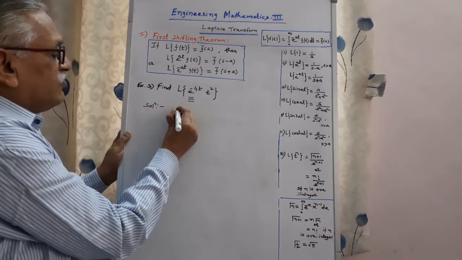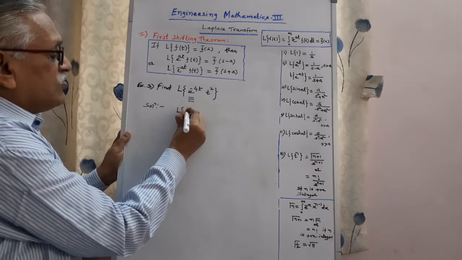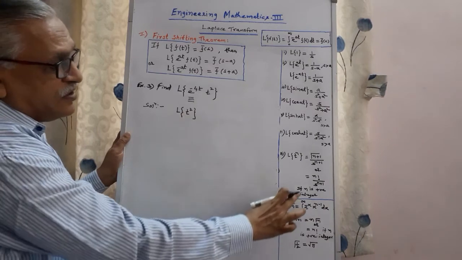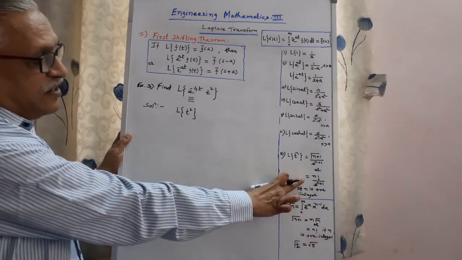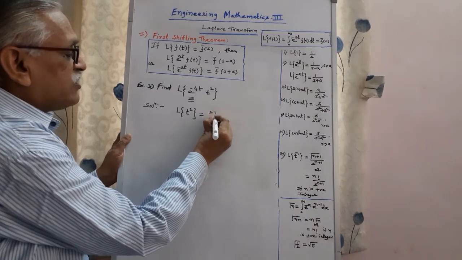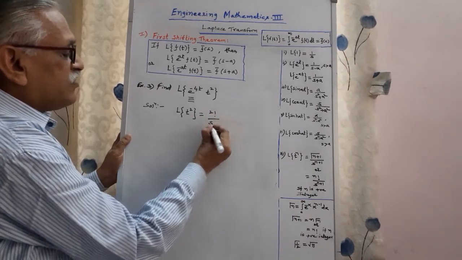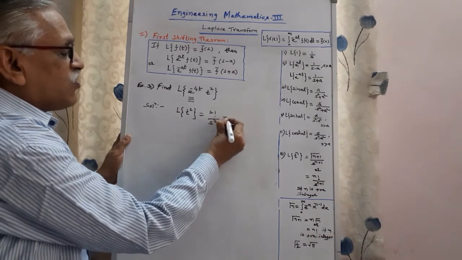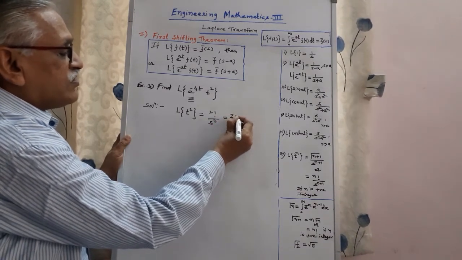Once again, we have Laplace of t square. Here n is a positive integer, therefore applying this standard result, its Laplace is n factorial divided by s raised to n plus 1, that is 2 factorial divided by s raised to 2 plus 1. 2 plus 1 we get 3, and we call this f bar of s.